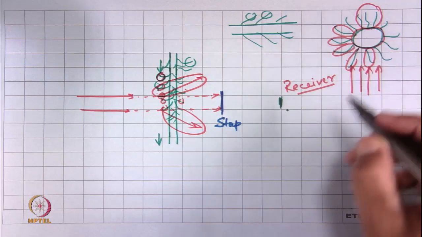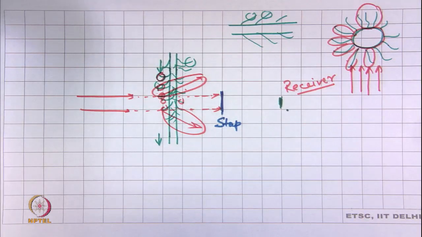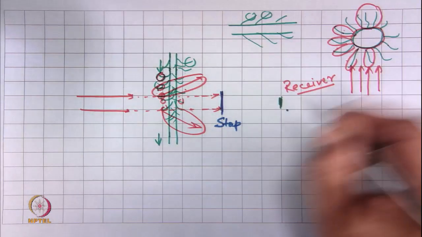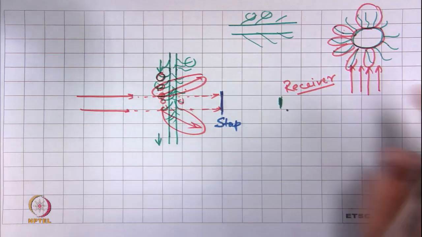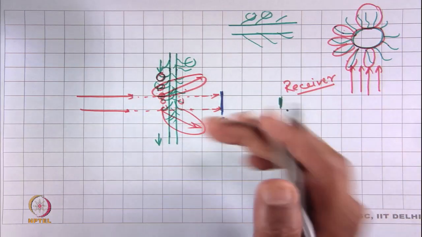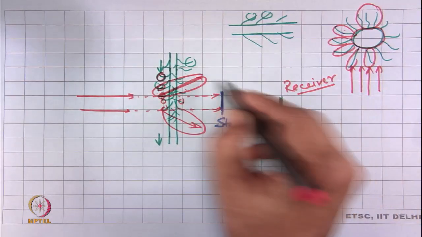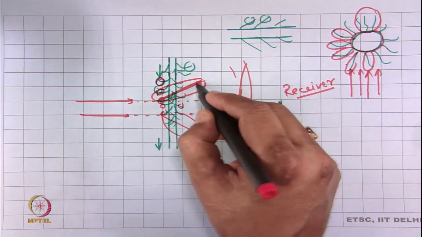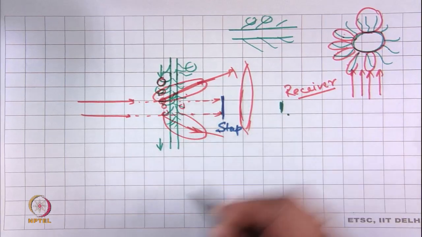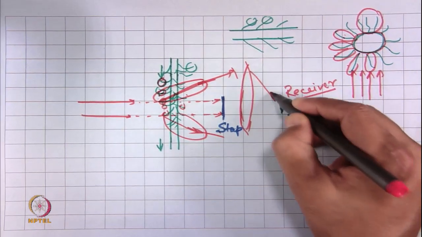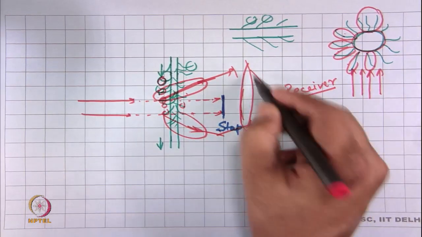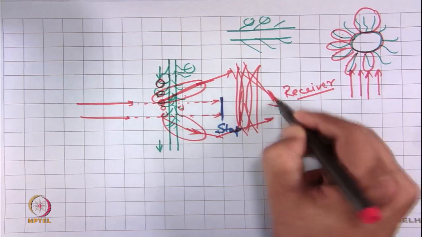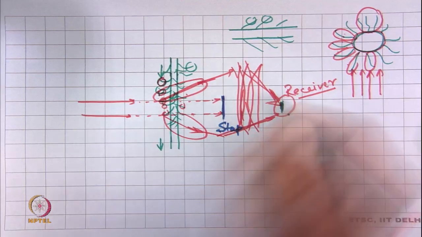So the total quantity of light scattered is proportional to the length of the hair coming across the light path. This scattered light, with the help of some lens arrangement, will be taken away, converged again here, and fall on the receiver.